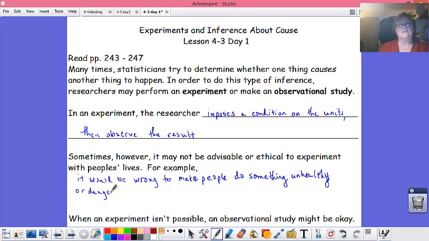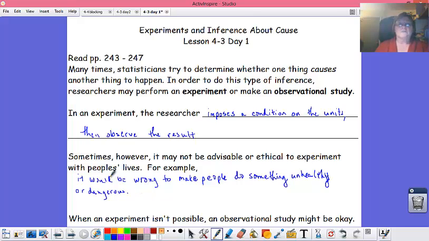In one of my first years of teaching statistics, one student wanted to do an experiment for their big end of the year project. What they wanted to do was have one group eat a healthy breakfast, and this person was defining healthy breakfast in their own way. Have one group eat no breakfast, and have another group eat an unhealthy breakfast like Pop-Tarts or something like that.